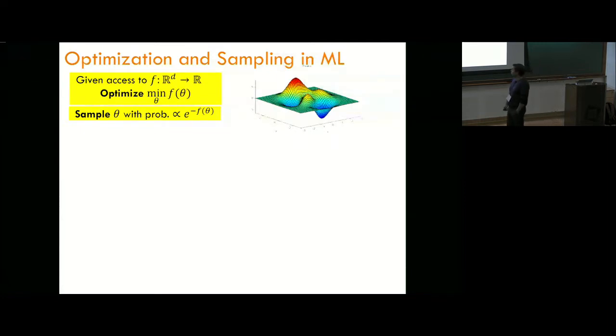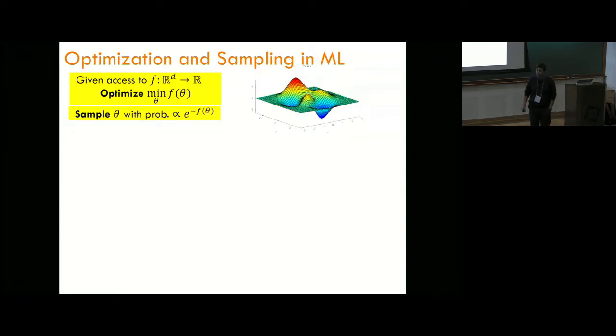And what you would like to do is to sample a theta from this probability distribution. You can also add some constant or temperature here, but that can be absorbed in f itself. This is called the Gibbs distribution, and probably has many other names. The reason I put a minus sign here is to make it consistent with the goal of minimizing f.